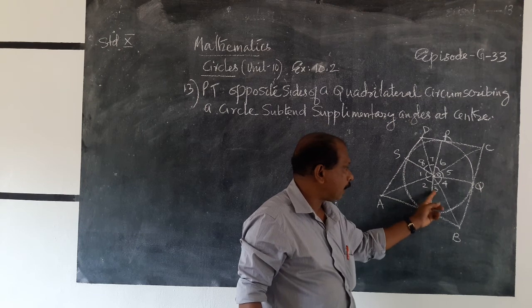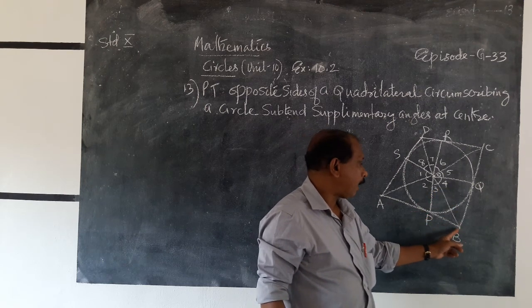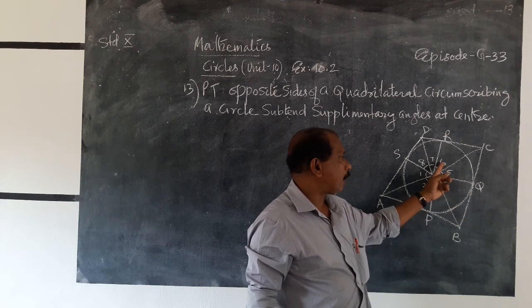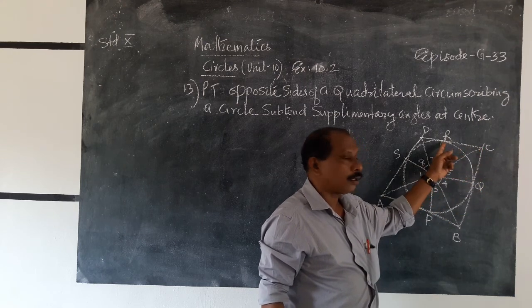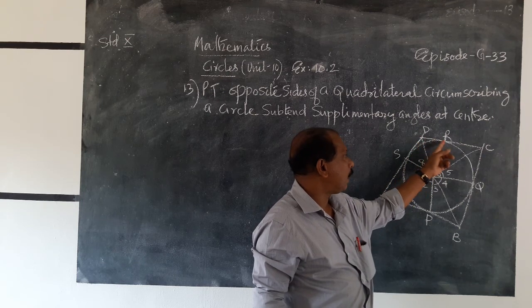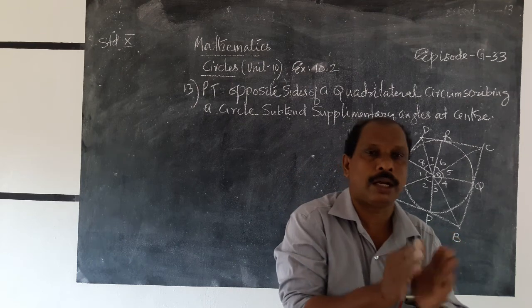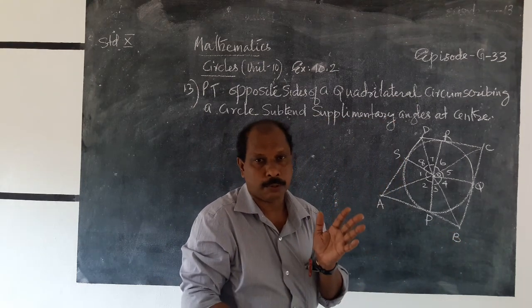Similarly, angle 3 and angle 4 are equal because PB and BQ are the tangents. Angle 5 is equal to angle 6 because CQ and CR are equal. Angle 7 is equal to angle 8 because DR and DS are equal.